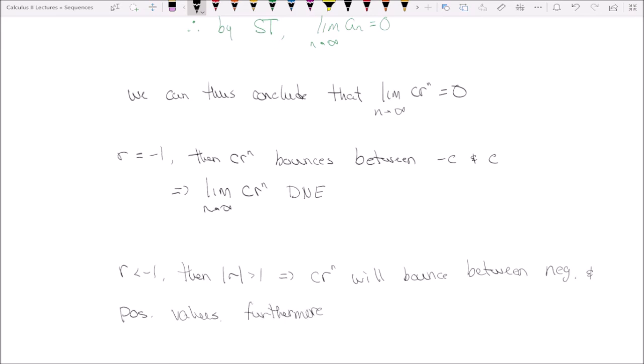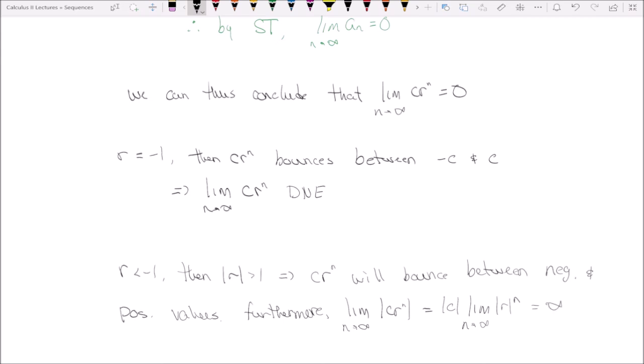Furthermore, the limit as n approaches infinity of the absolute value of c r to the n is going to equal the absolute value of c times the limit of the absolute value of r to the n, which is infinity, right?